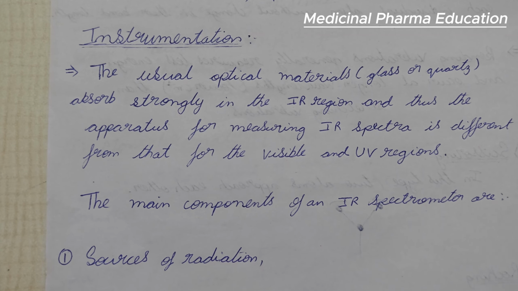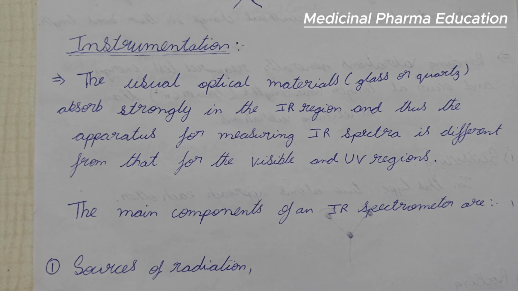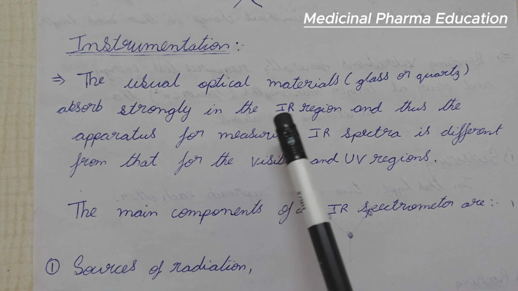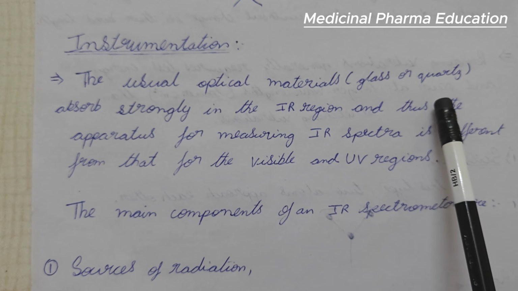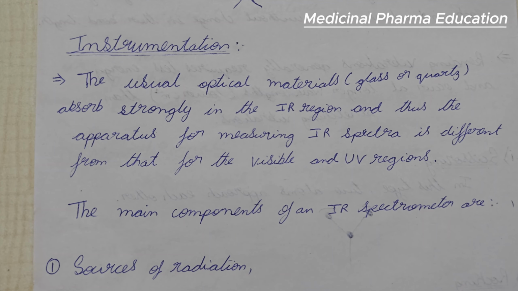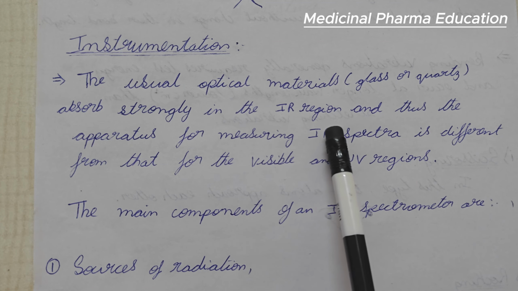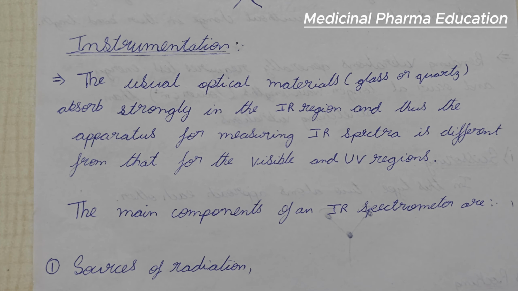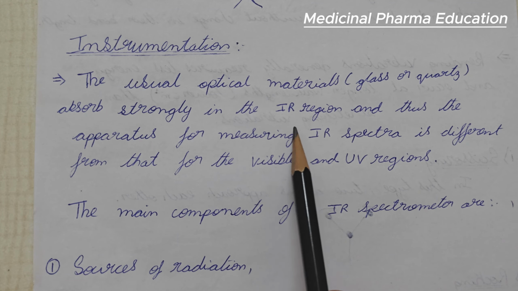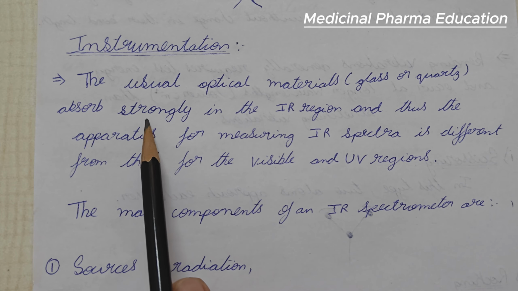Firstly, the usual optical materials, glass and quartz, absorb strongly in the IR regions. This means the materials used in the UV regions are not used in the IR regions, because they absorb the IR radiation strongly.